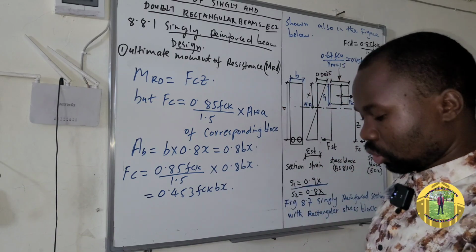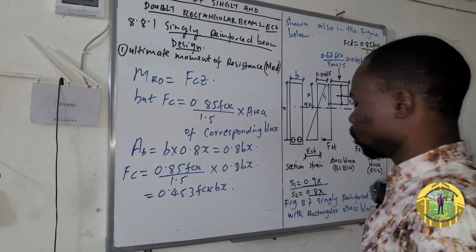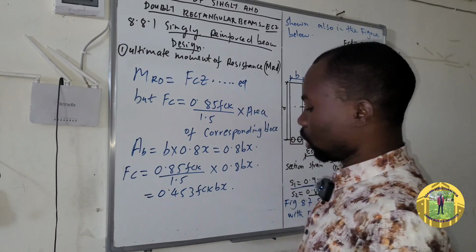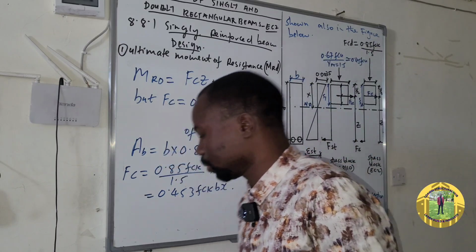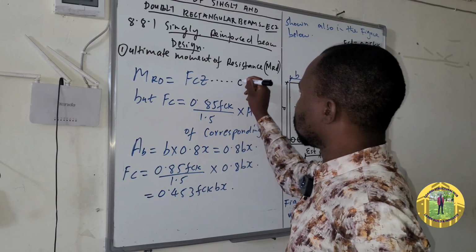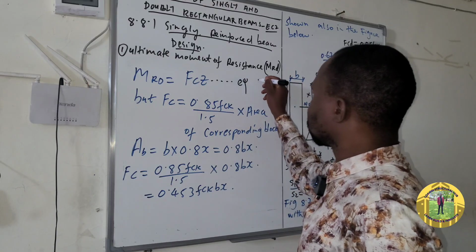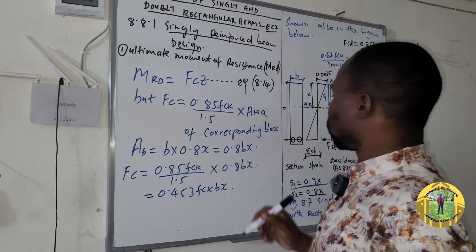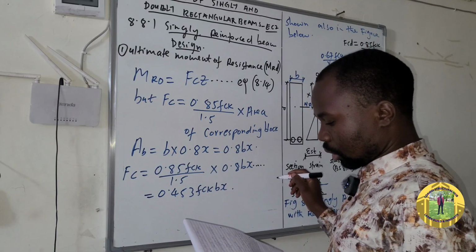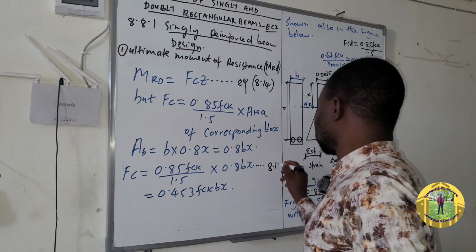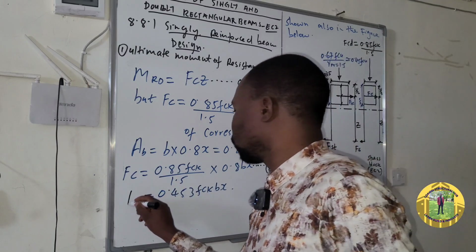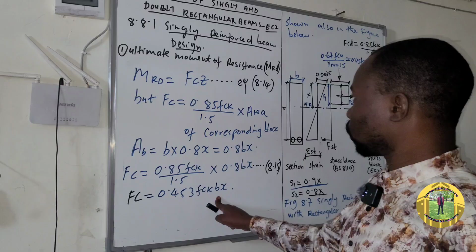Something you should note is that this is equation 8.14 of Eurocode, and this one is equation 8.15. So FC is equal to this one.